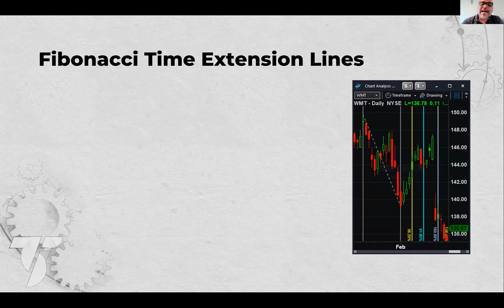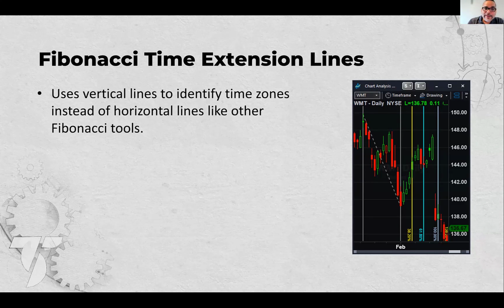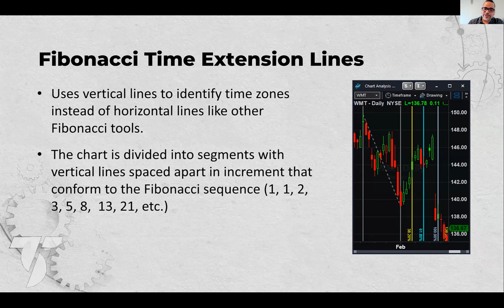These are the Fibonacci time extension lines. Now, instead of just going vertically on the chart, measuring price as it goes up or down, we're going to measure price horizontally as time. It uses vertical lines to identify time zones instead of horizontal lines like other Fibonacci tools.